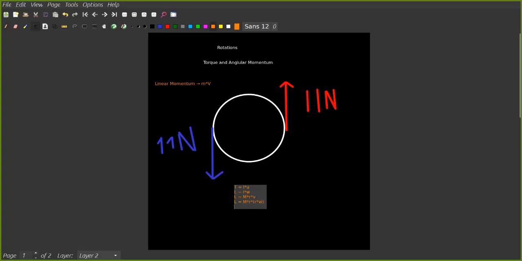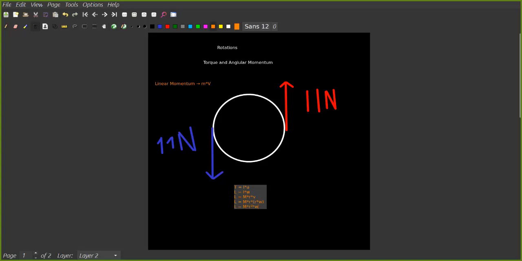And so we have L is equal to m times r squared times omega, and m times r squared is I, right?